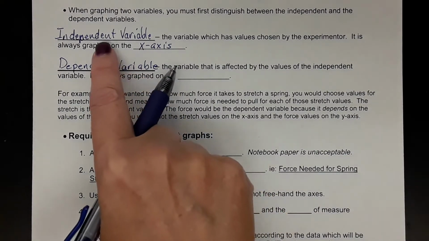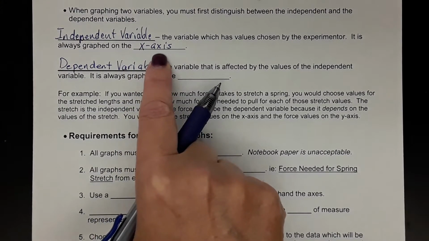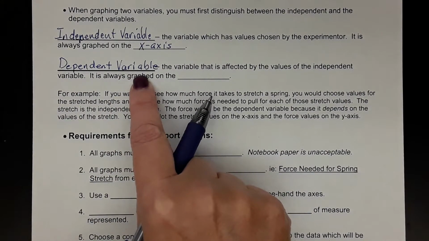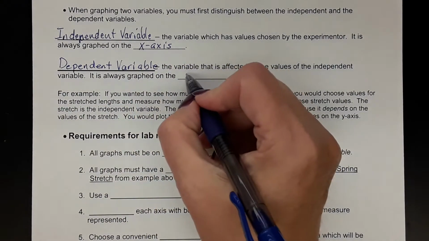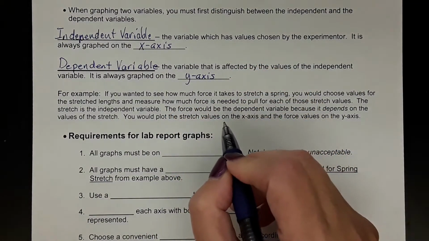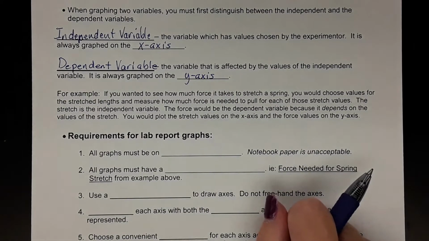So the independent variable you choose values for, convenient values, goes on the x-axis. The dependent variable is what you would measure, and that goes on the y-axis. It is affected or changes as the independent variable changes.